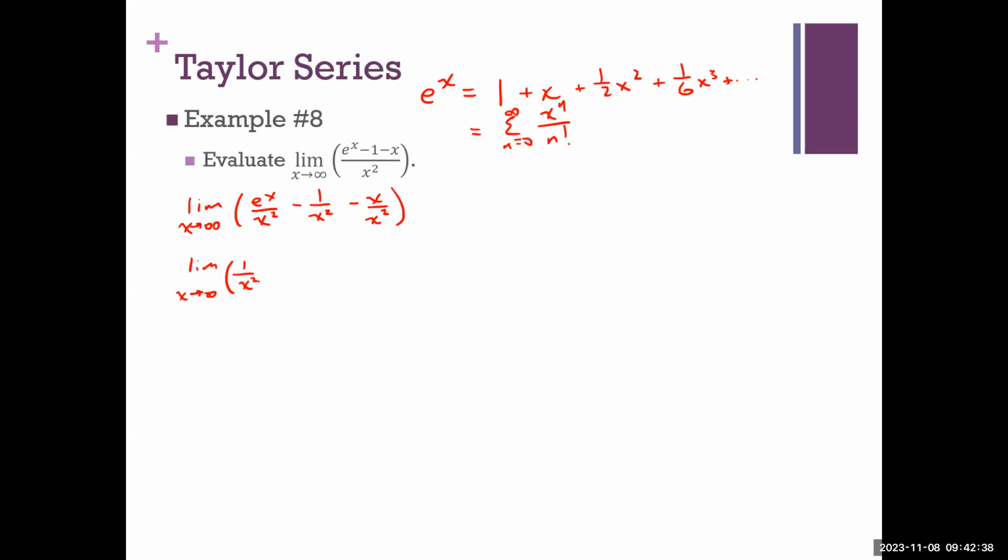So 1 over x squared plus x over x squared plus 1/2 x squared over x squared, so plus 1/2, and then plus 1/6 x, and so on, right? So all I'm really doing there is re-representing e to the x over x squared as this new thing. I'm going to drop in the other terms that we know about, minus 1 over x.